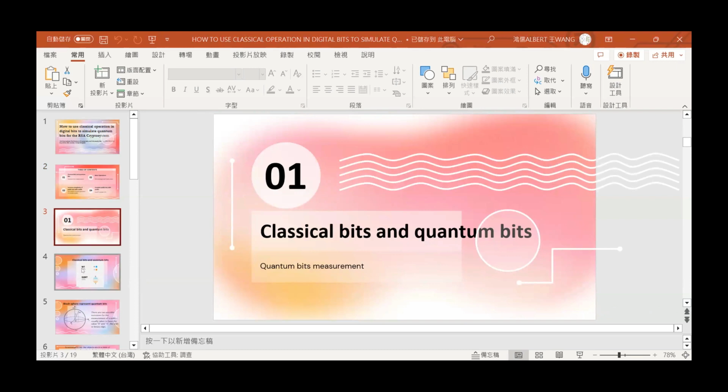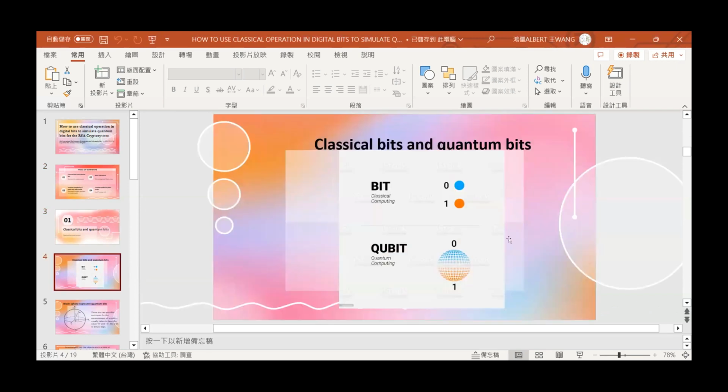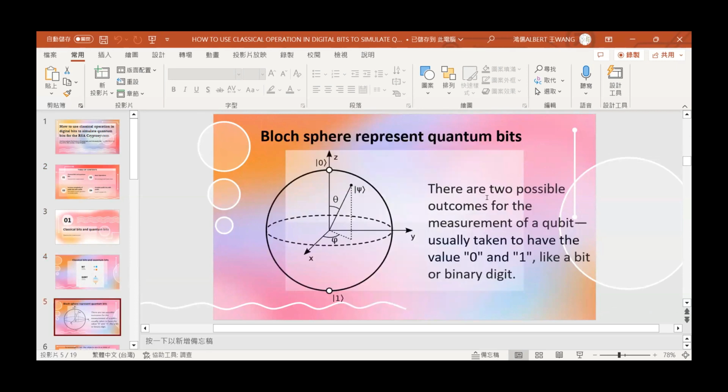Here are the classical bits and the quantum bits. Classical bits are 0 and 1. A quantum bit is a random sphere number with alpha and beta angles, and we measure two possible outcomes for the quantum piece, usually 0 and 1, like a binary digit, but with a kind of randomness.